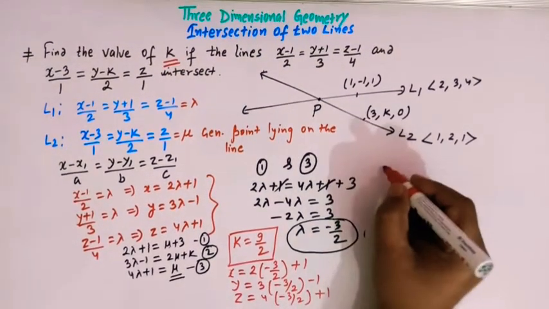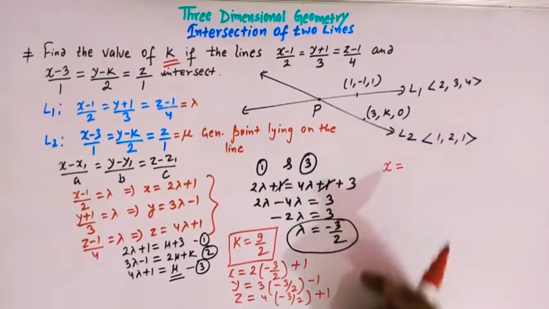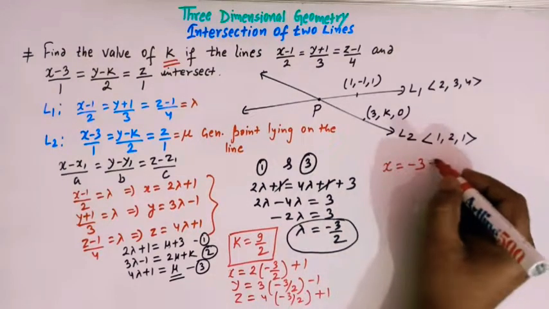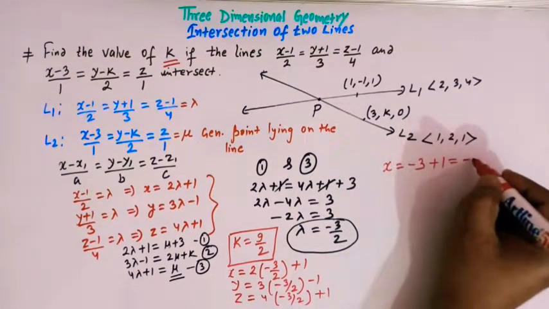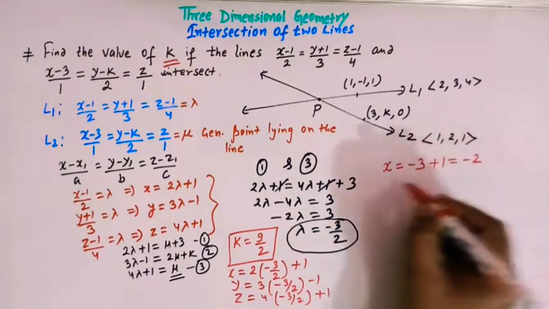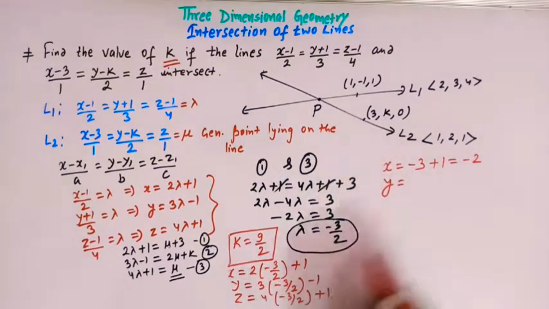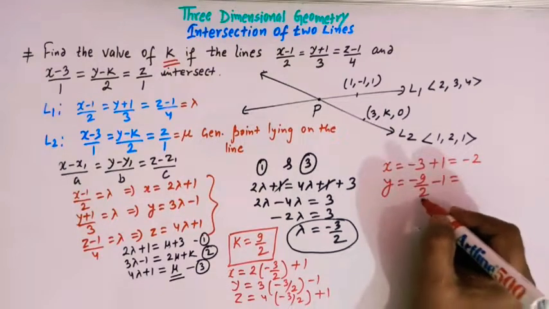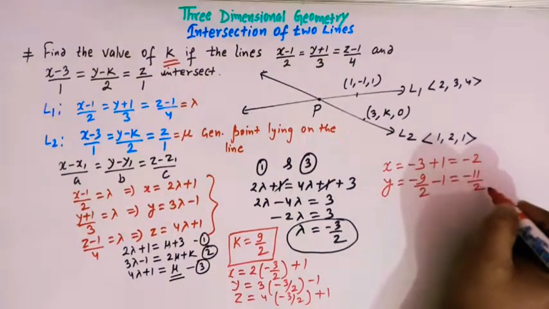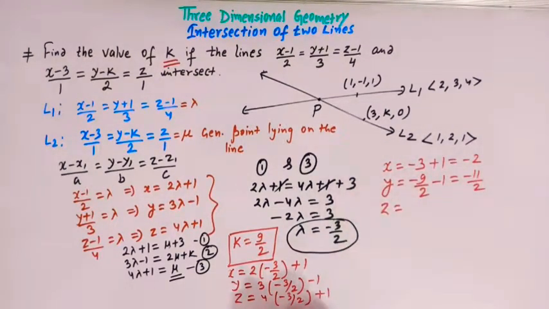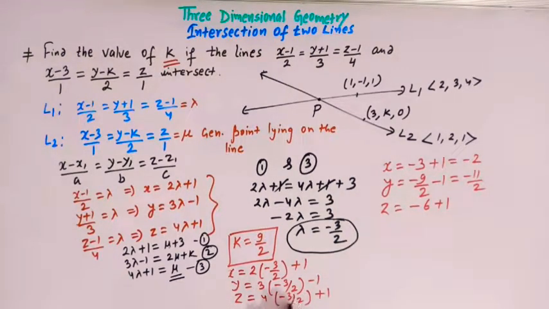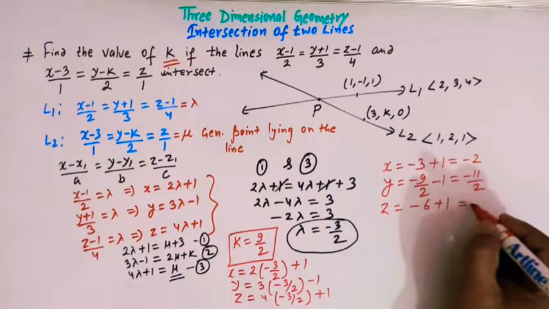Now x is given by minus 3 plus 1, since 2 and 2 get cancelled, so we have minus 2. And y is minus 9 over 2 minus 1, so we have minus 11 over 2, and z is equal to minus 6 plus 1, so we have minus 5.